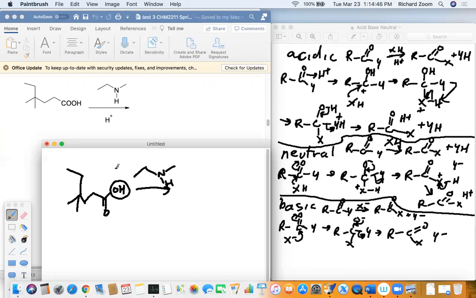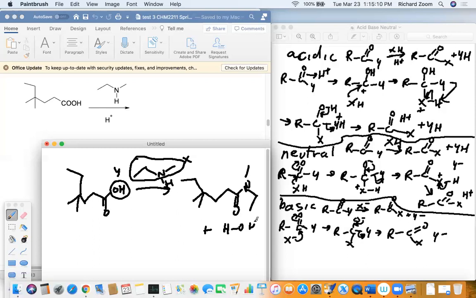So again, here's your Y group, here's your X group, and then the product is going to be that plus water. Does anybody have any questions?